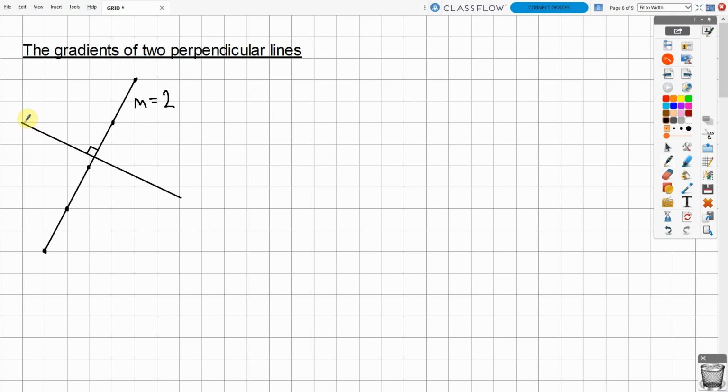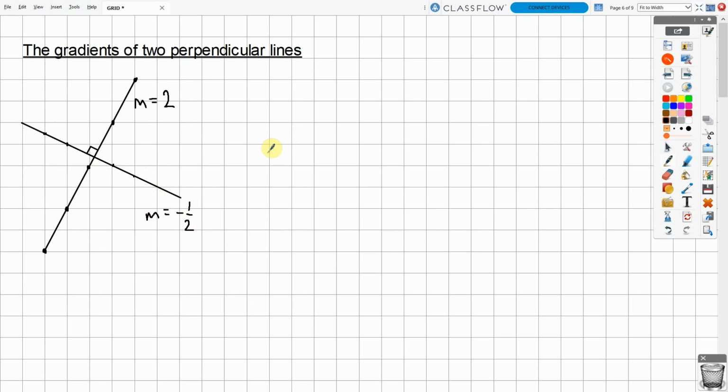This other line, for every unit that I move to the right, I have to move half a unit down. Half a unit, all the way, half a unit down. The gradient of this line is -0.5.